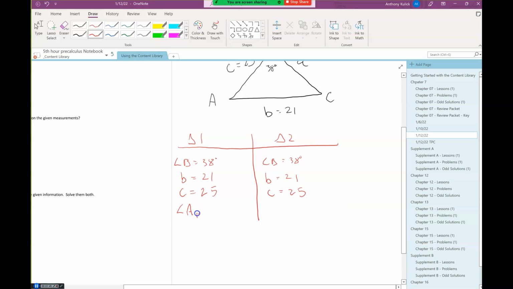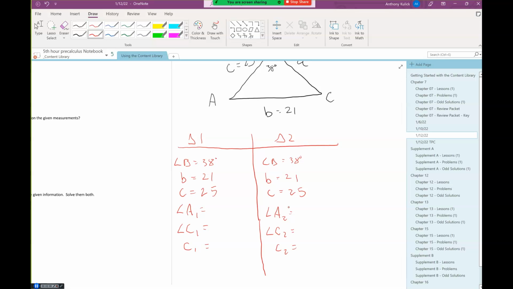And then I'm going to need to find angle A, angle C, and side C. I'm going to add a subscript on these so that it's easy to differentiate when I'm dealing with angle A in triangle 1 and triangle 2, etc.